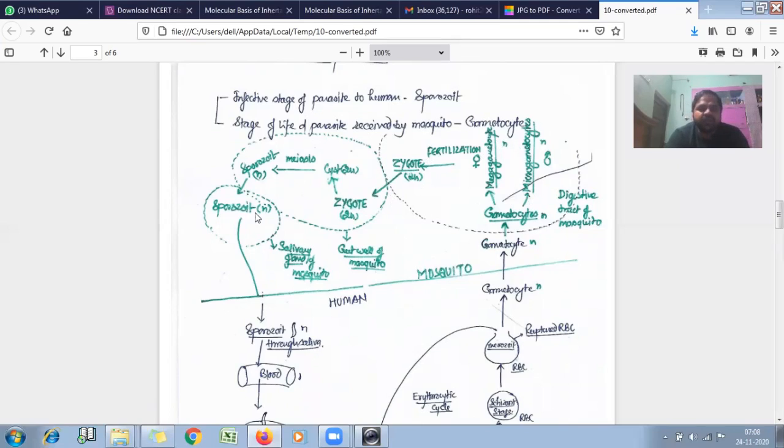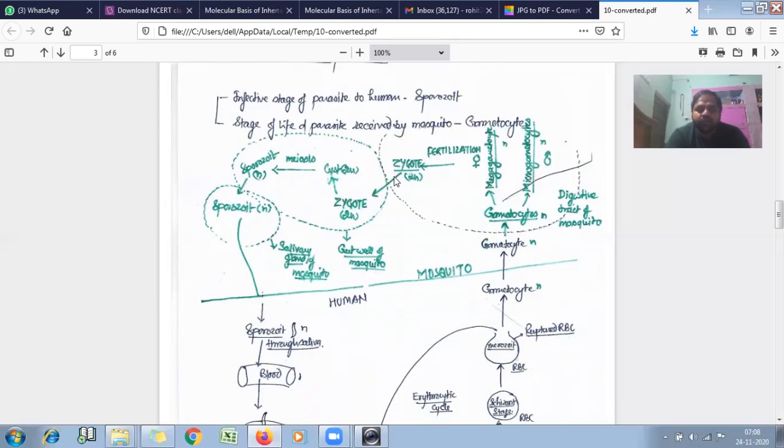So we can see here, starting from sporozoite to gametocyte, they complete their life cycle in the haploid condition. Now a zygote has been formed in the diploid condition, in the digestive tract of the mosquito.